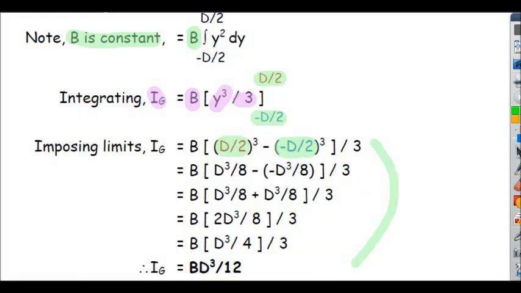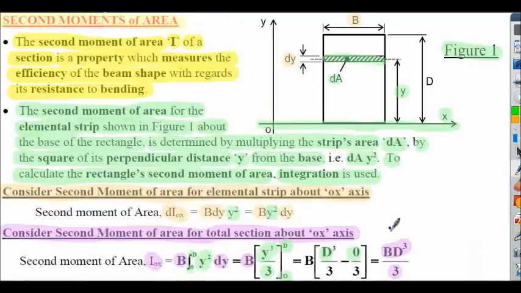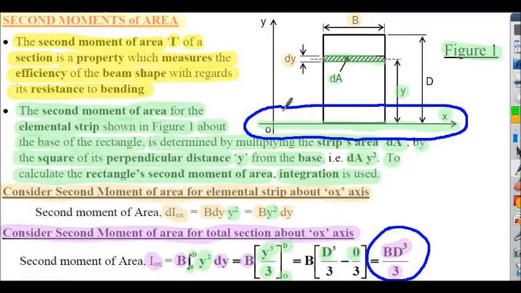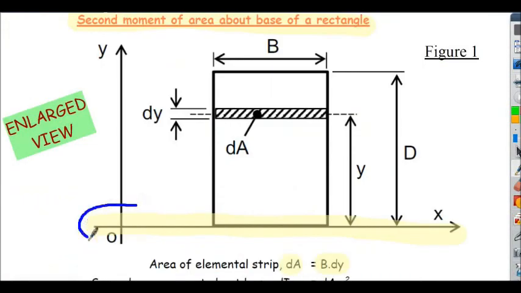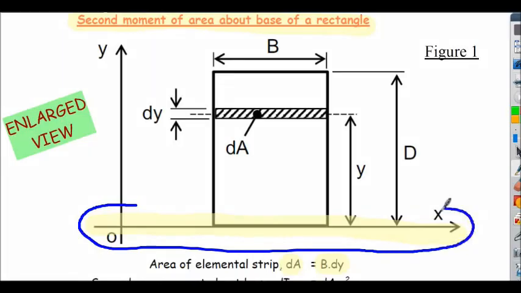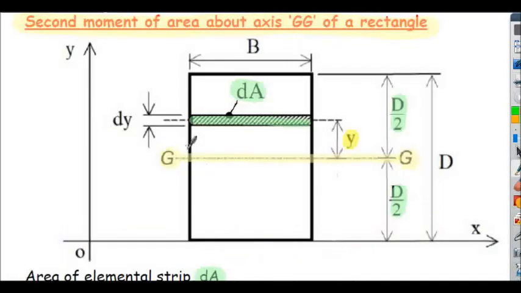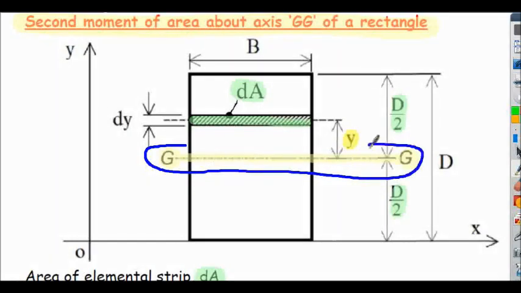But what we find now is that the second moment of area about the GG axis, the centroidal axis, is bd cubed divided by 12, not bd cubed divided by 3. bd cubed upon 3 is the I about the OX axis for the rectangle, but bd cubed upon 12 is the I about the centroidal or neutral axis of the rectangle.